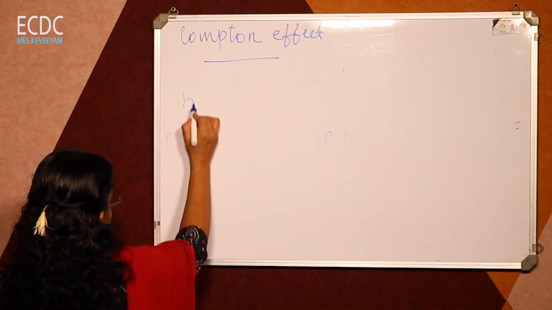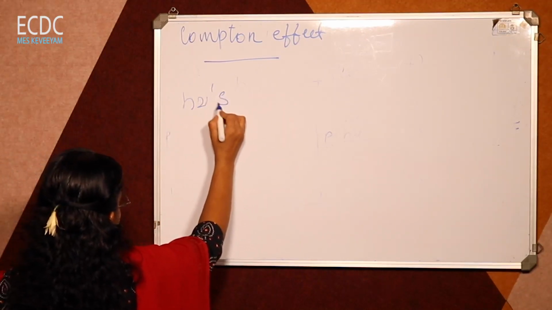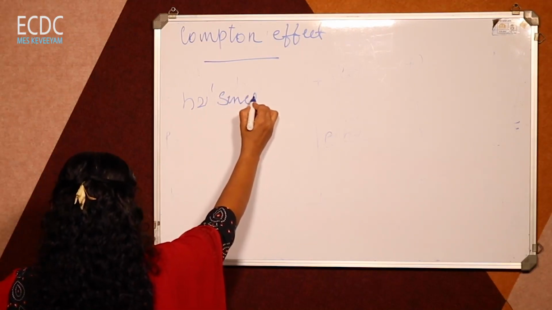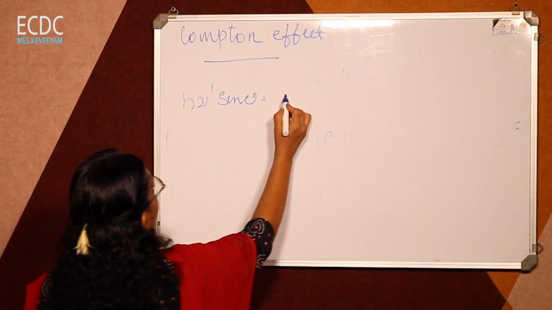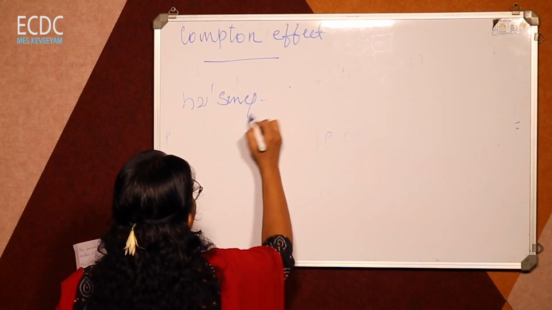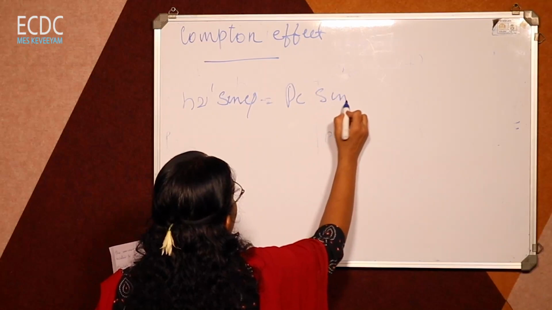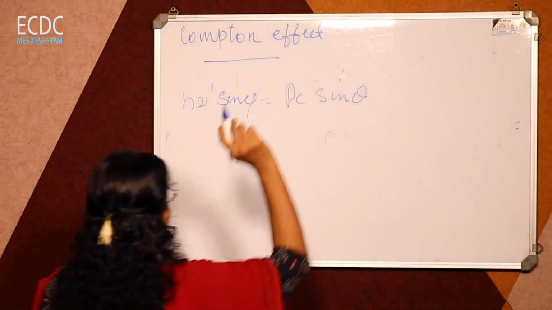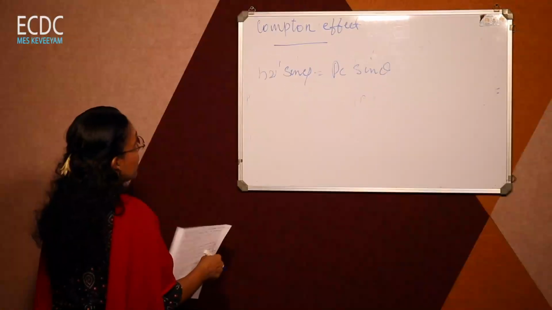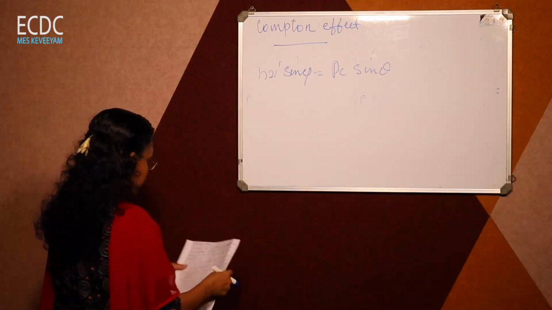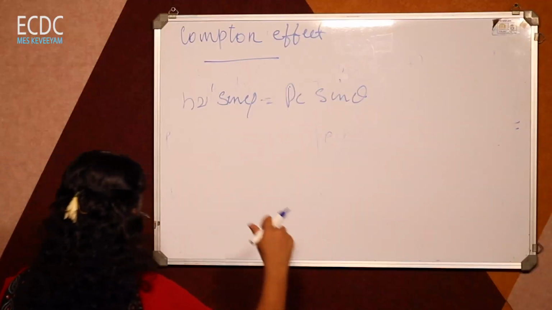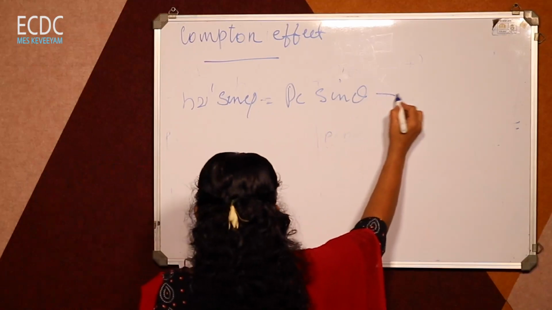So we can write that expression as h nu prime sin phi is equal to pc sin theta. That is again the perpendicular component, pc sin theta. So we put this as equation 7.